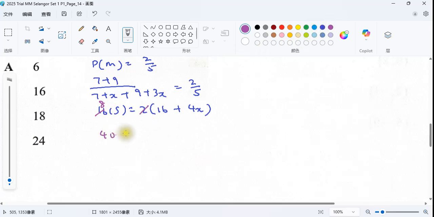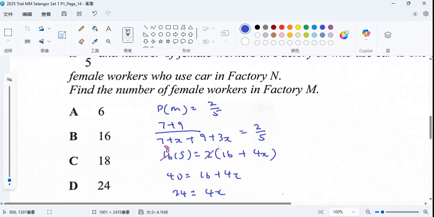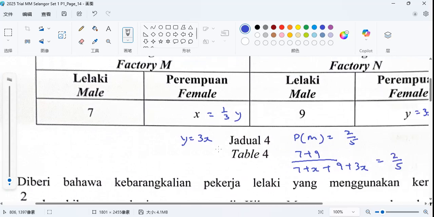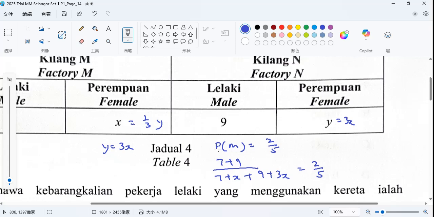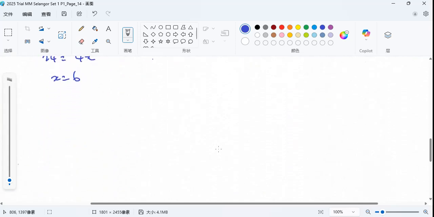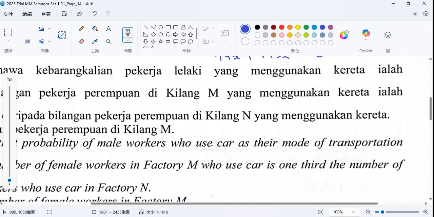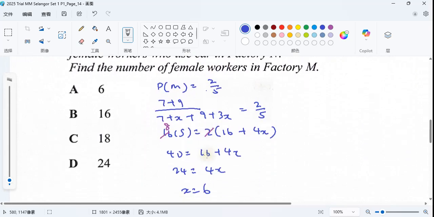So 40 equals 16 plus 4x. So 24 equals 4x. So x equals 6. So find the number of female workers in factory M. Factory M, so x equals 6. So 6 only. So the answer is 6.